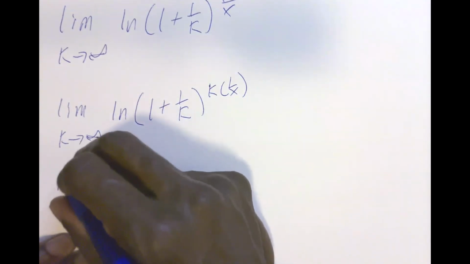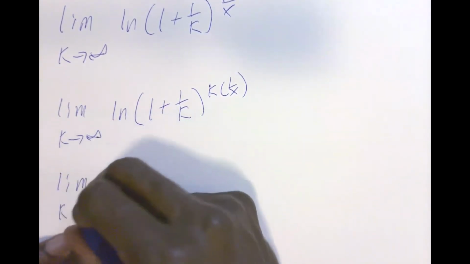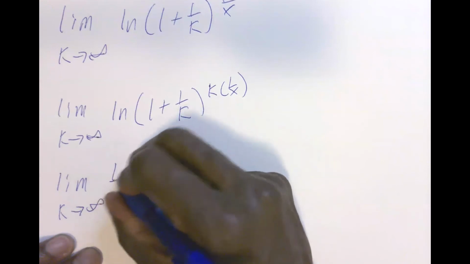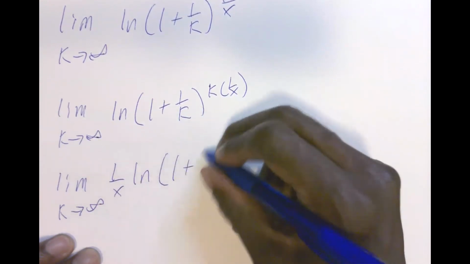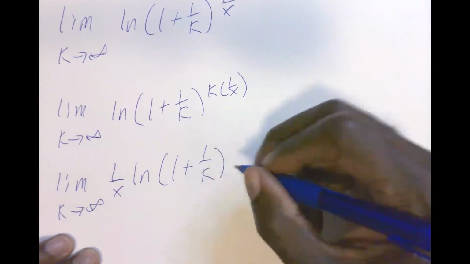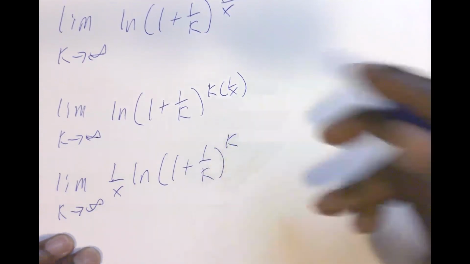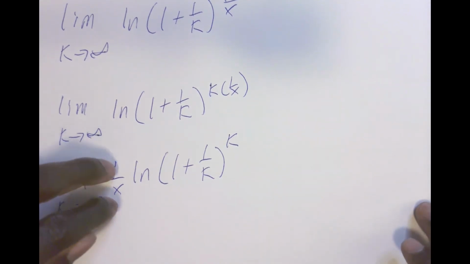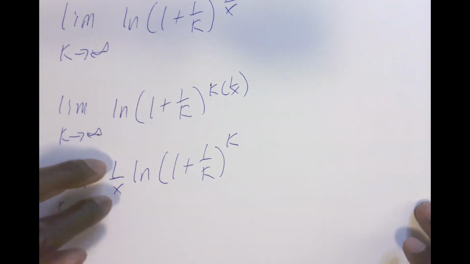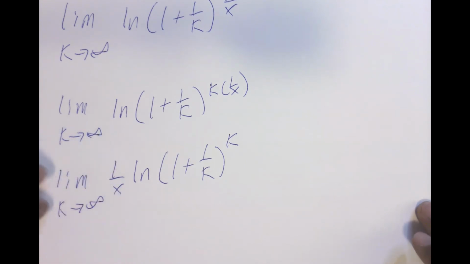So it's the limit as k goes to infinity of 1 over x ln of 1 plus 1 over k to the power of k. Now, this limit is being evaluated based off k. So the 1 over x has no bearing on the limit. In fact, I can pull 1 over x outside of the limit, but I'll just leave it there for now.